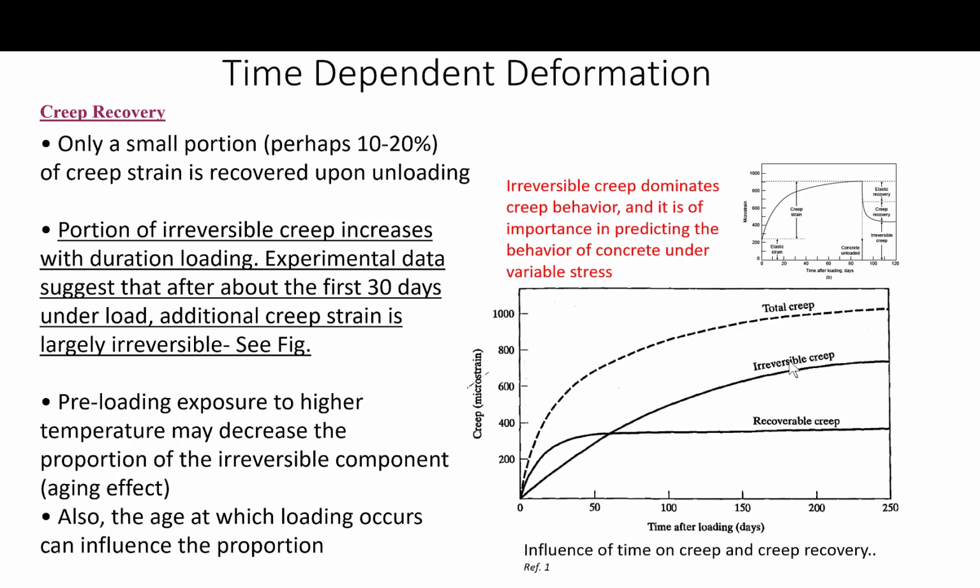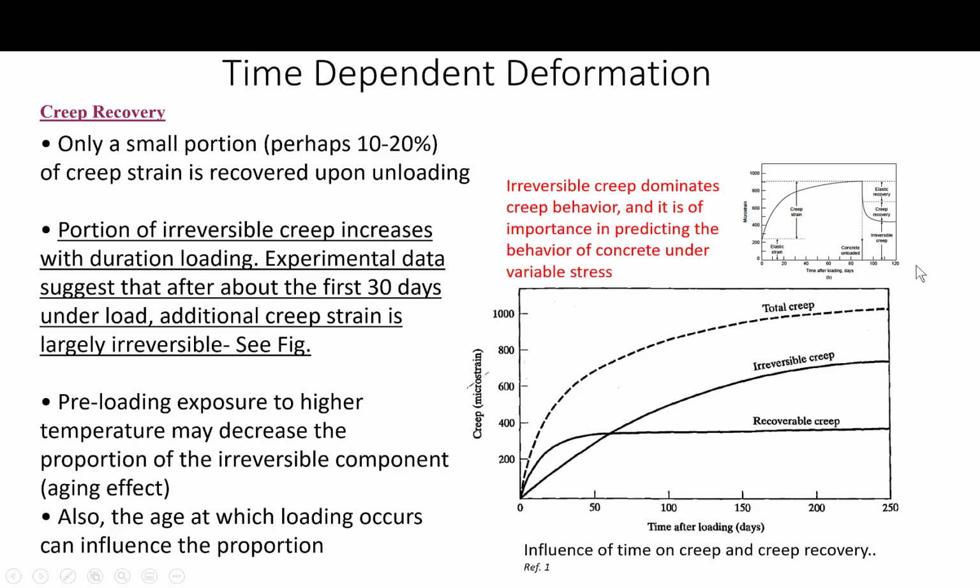Okay, let's talk about creep recovery. Only a relatively small proportion of the total creep strain is recoverable when concrete is unloaded. It's about 10 to 20% of the total creep after loading for almost 200 days.